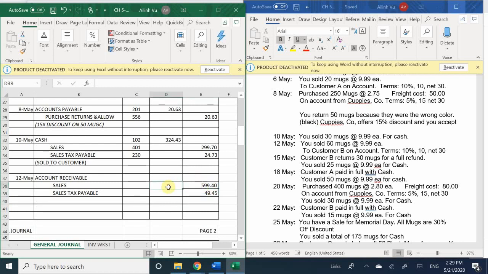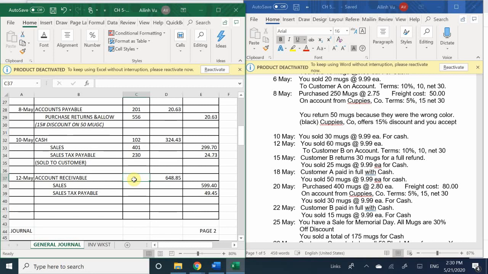So what is our total amount that Customer B owes us? $648.85. Okay, so let's go ahead and recognize the accounts.